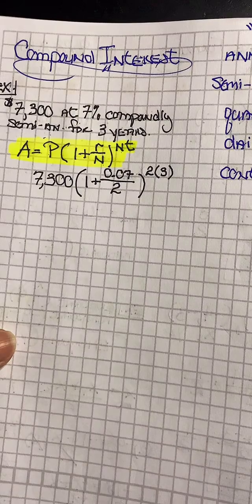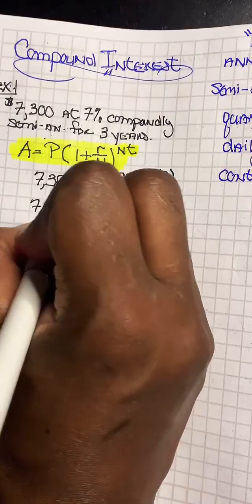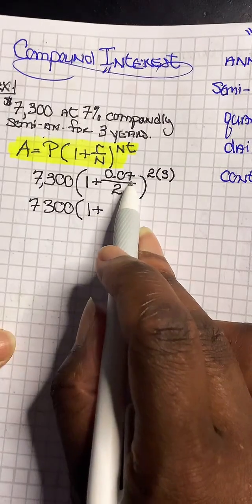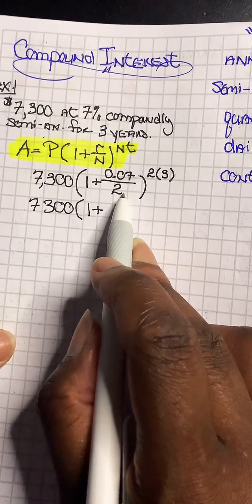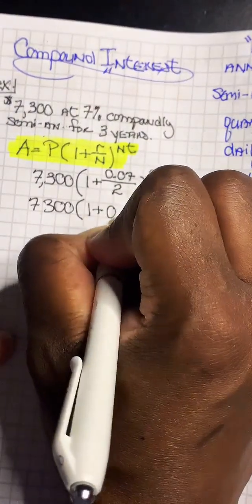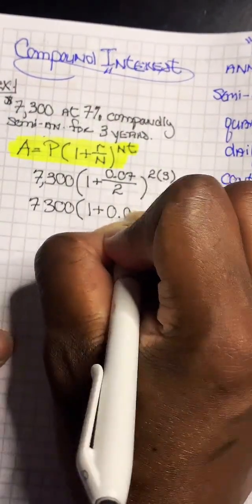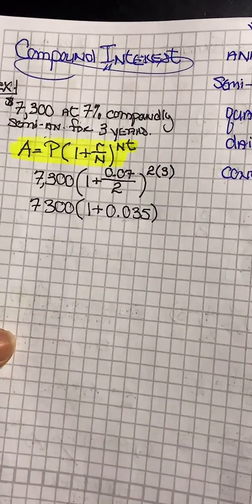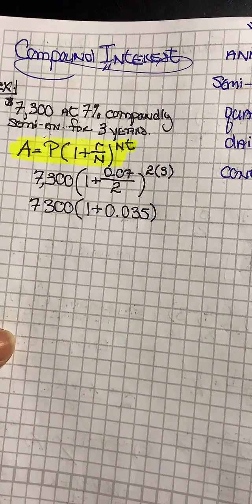So inside this parenthesis, let's bring this down. 7,300 then we have 1 plus. Now, 0.07 divided by 2, that will give me, thank you, Jocelyn, 0.035.